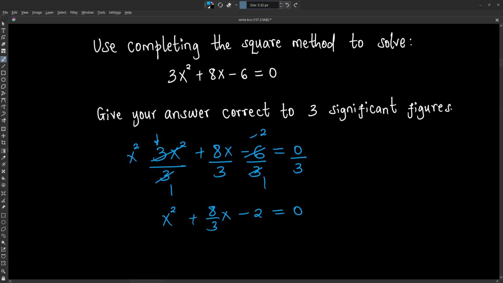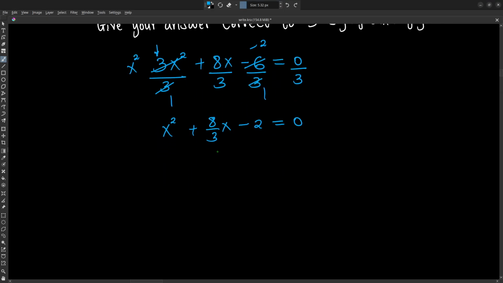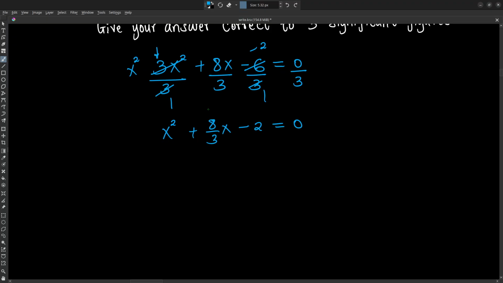Okay. Now we are ready to complete the square. To complete the square, what do you do? You take the coefficient of x, you divide it by 2, then you square the result, and whatever you get, you will add and subtract it from the left side of the equation, right? So let's first of all start with the inner calculations. I've said you take the coefficient of x, you divide it by 2.